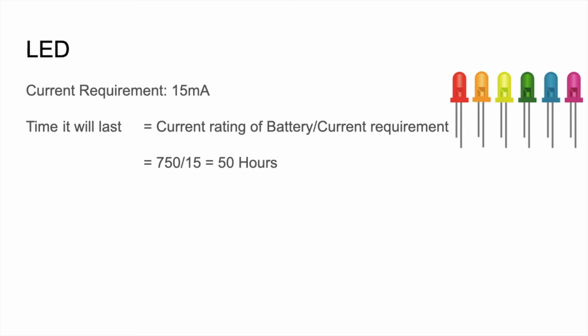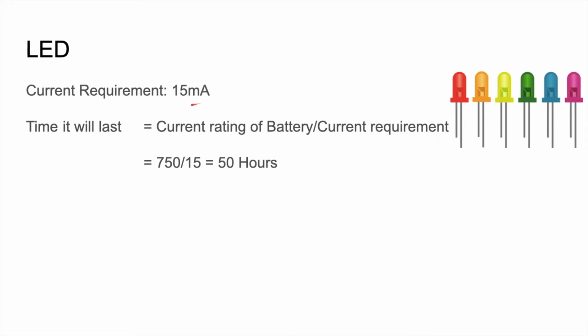So in this case, we can consider the time that one single LED will be lasting on two batteries of 750 milliampere hour each. Okay, so how to calculate this? First of all, current rating of the battery. In this case, what is that? 750 milliampere hours divided by current requirement of the LED.